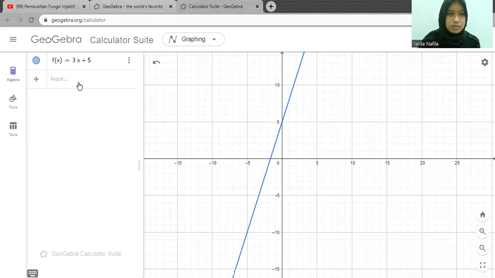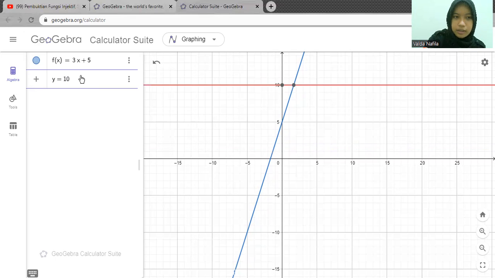Before that, let's write, for example, y equal 10. Okay, this is an injective function because it only intersects at one point. If there is a horizontal line that intersects at only one point, then this is an injective function.